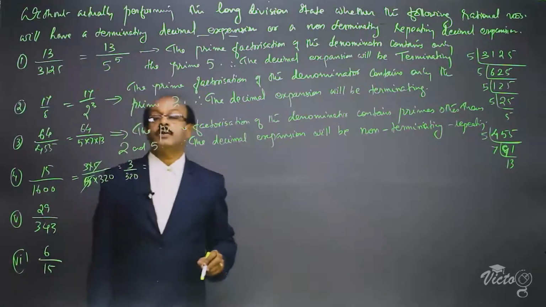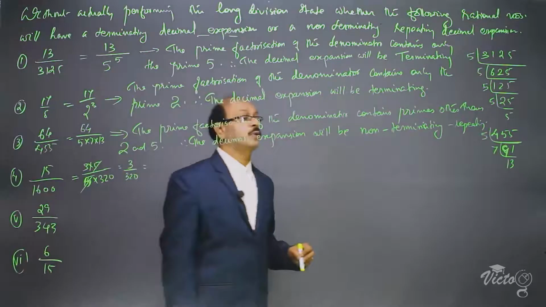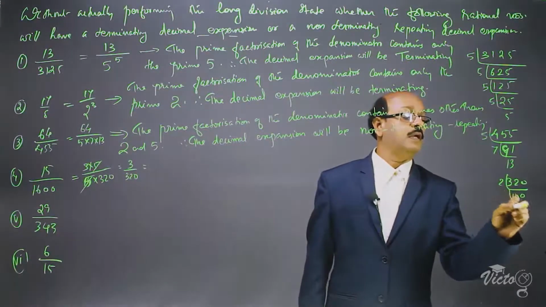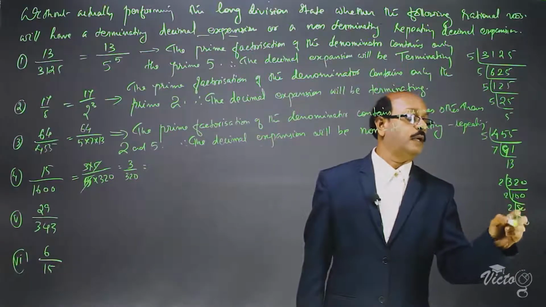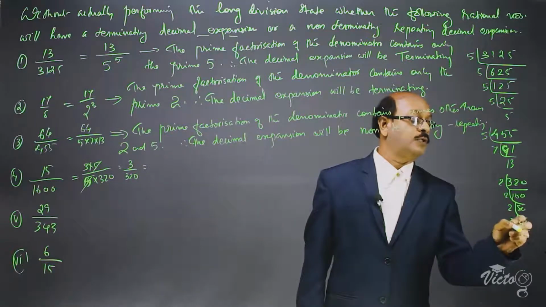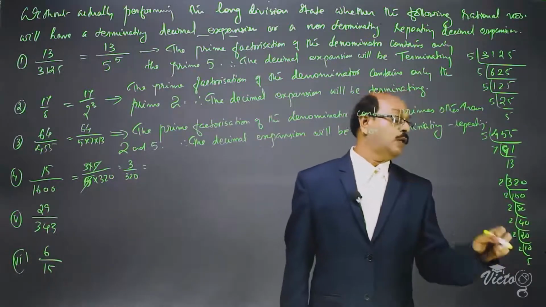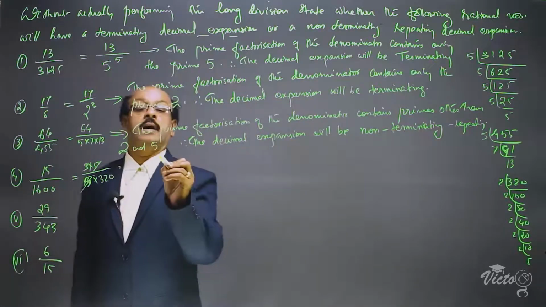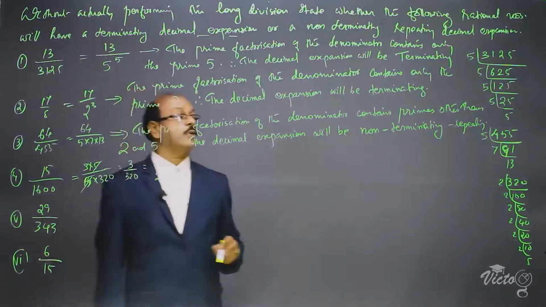So the denominator is 320. We can prime factorize 320. Dividing 320 by 2, 160. Again by 2, it is 80. Again 2, 40. Again 2, 20. Again 2, 10. 2, 5. It is 2 raised to 6 into 5.